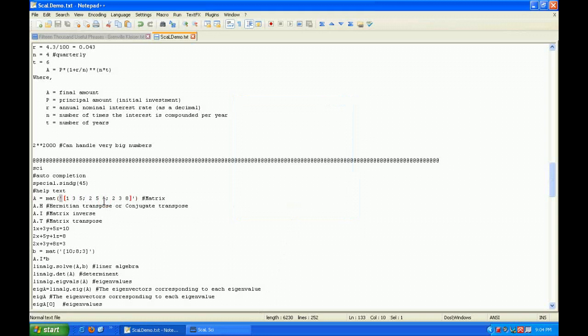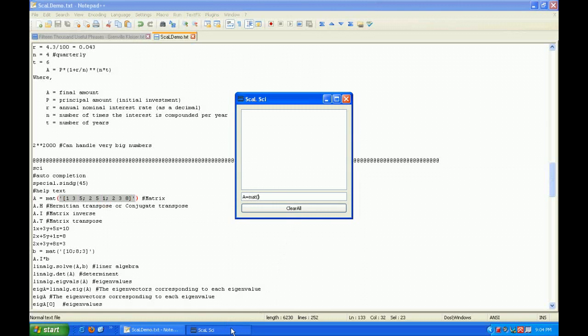Let's create a 3 by 3 matrix. That's one way of creating it. The first row is separated by a colon, the second row elements are separated by a colon, and elements are separated by a space. So A is essentially a 3 by 3 matrix.